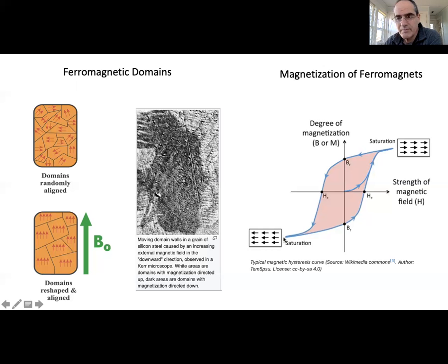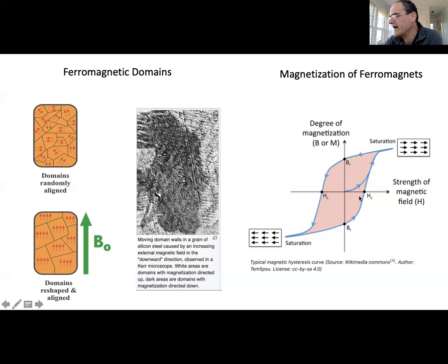But then if we now remove the applied field from the negative direction, we'll see behavior that's very similar to what we just saw. Now we'll follow this curve back to 0, but we'll be left with a large remnant field, B sub R. And if we increase the field into the positive direction, it will remain magnetized until finally it switches at the coercive field again.